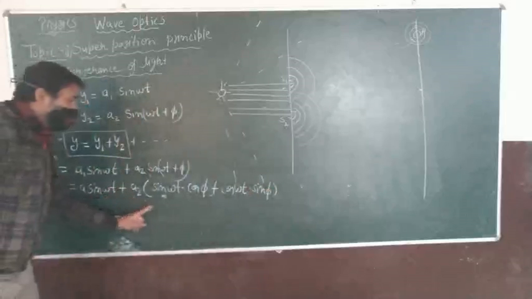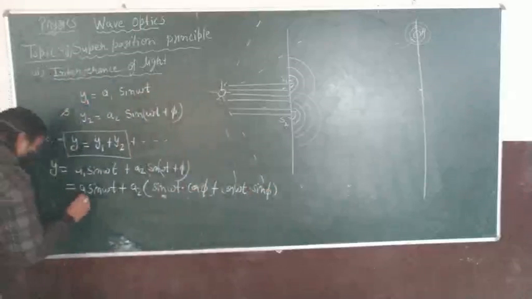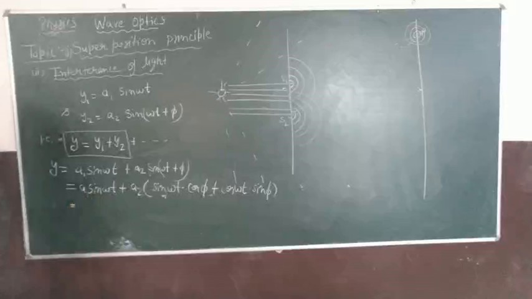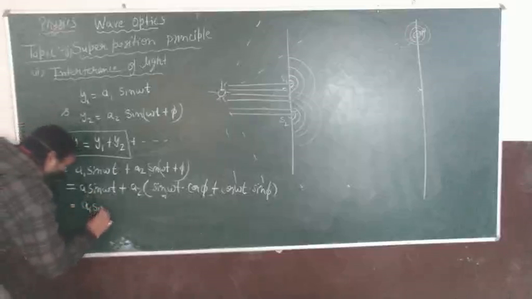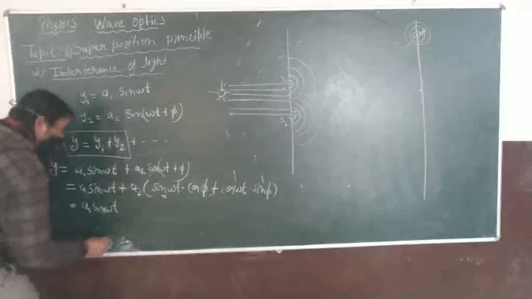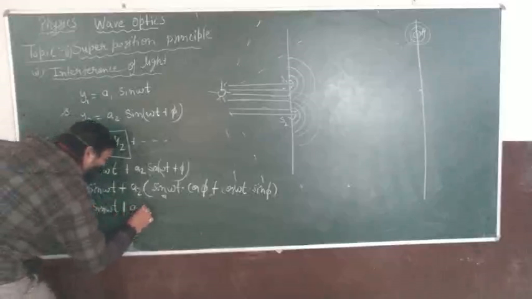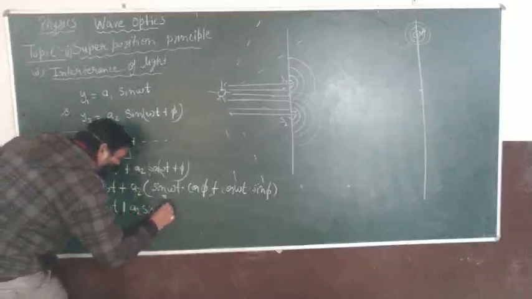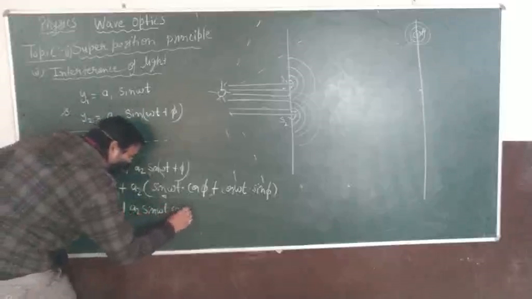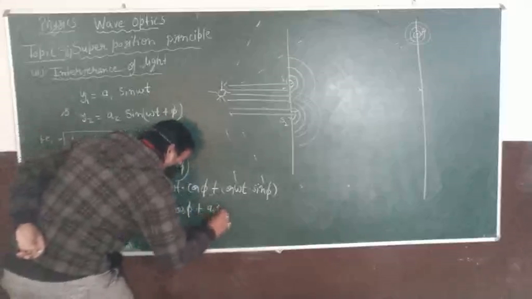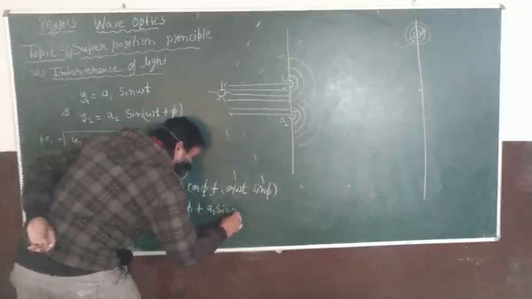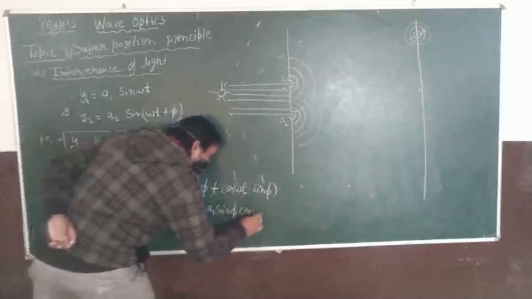Now, multiplying A2 inside, we get A1 sin omega t plus A2 sin omega t cos phi plus A2 sin phi cos omega t.